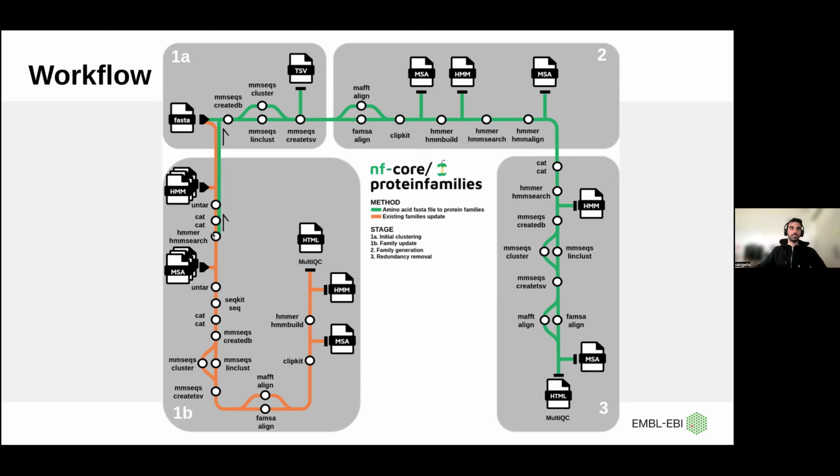And if there are hits, we append these sequences to the existing families. We create again strict clustering to remove redundancy, and then realign, clip again, and update the HMMs of the families. And for any sequences that didn't have any match, it goes back. This is what these arrows mean. The original flow goes back, and for the remaining sequences, it just follows the original method of generating protein families.